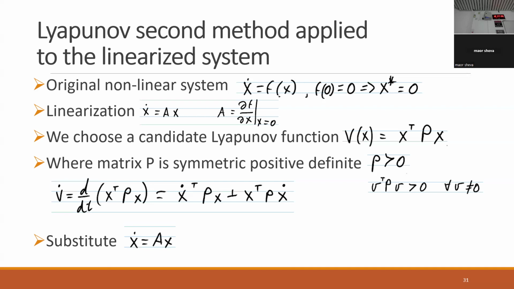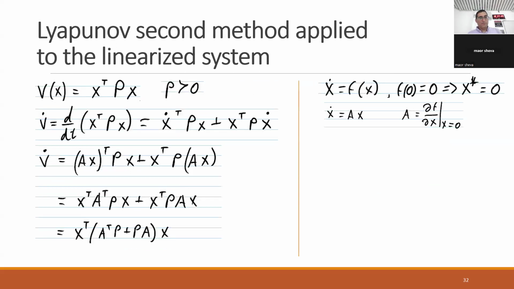So we have here x dot and here x dot. But x dot in our linear system is Ax. So we substitute x dot equals Ax to get the derivative, the solution of V dot along the trajectories of the dynamical system.